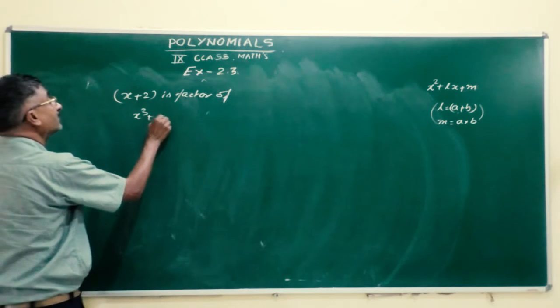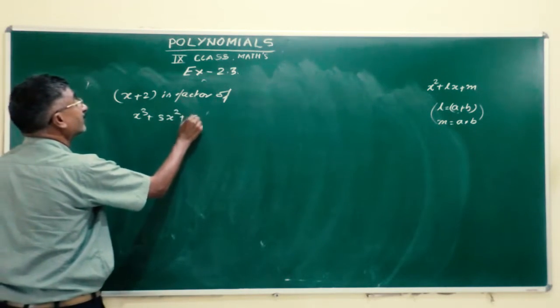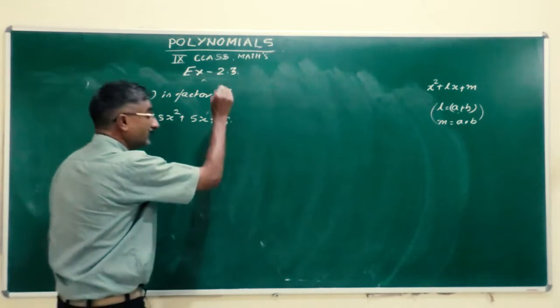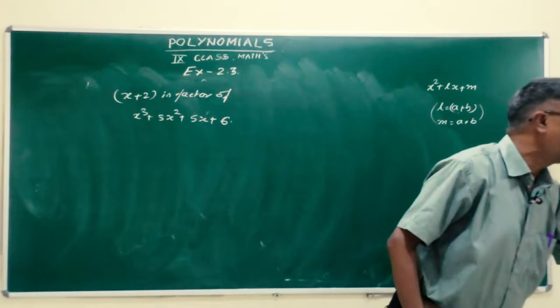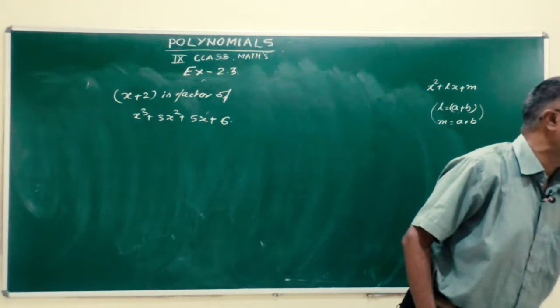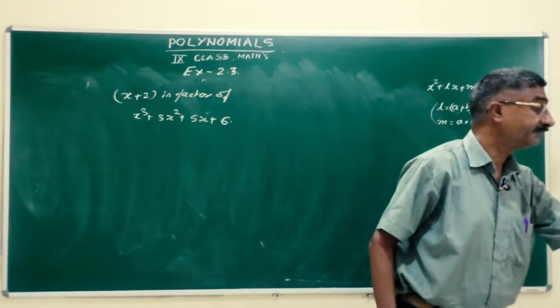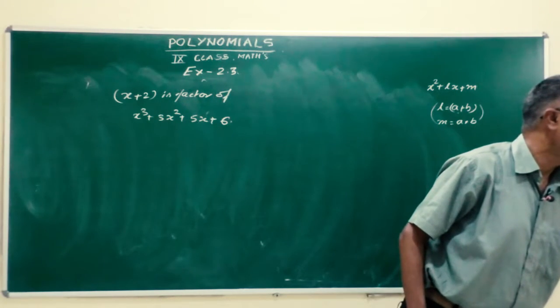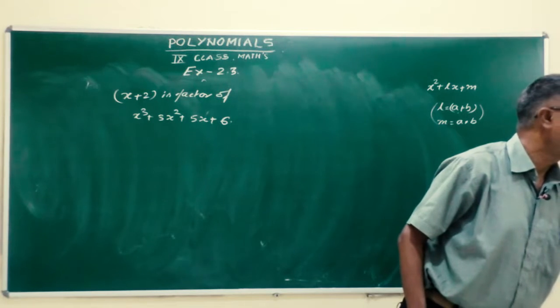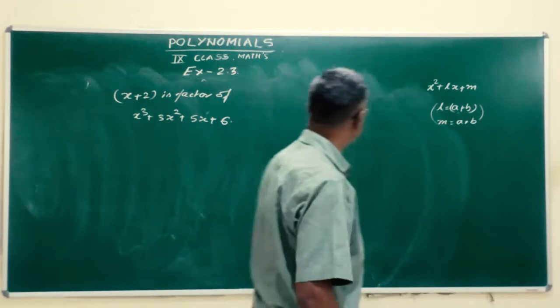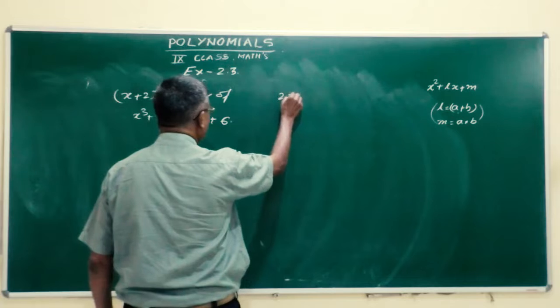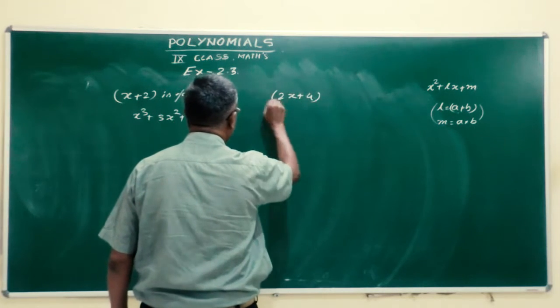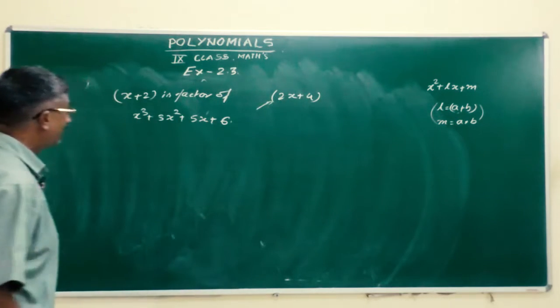Clear? And the second part is 2x plus 4. We have to find out for both. So, first we will take this.